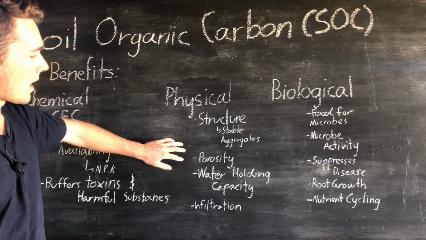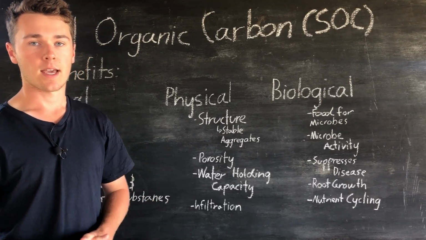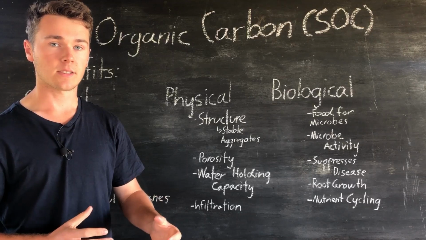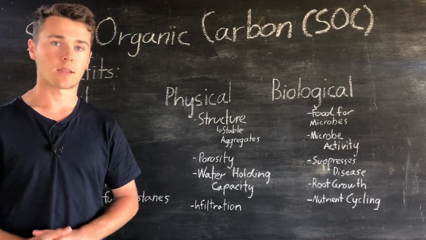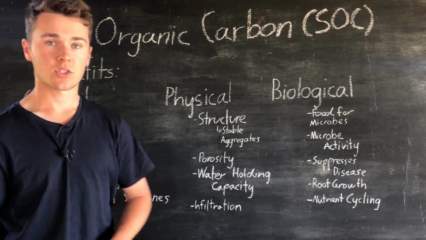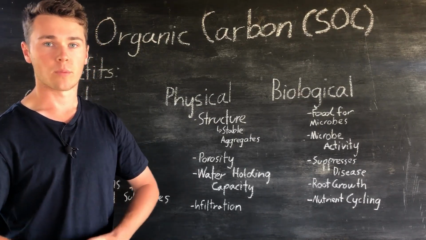Secondly, we have porosity. Porosity is pretty much the amount of space between our soil particles. If we have a really high porosity, it means there's a lot of space. If not, then there's no space between it, which can cause compaction issues. Porosity is important for gas exchange, water absorption, infiltration rates, also root permeability.